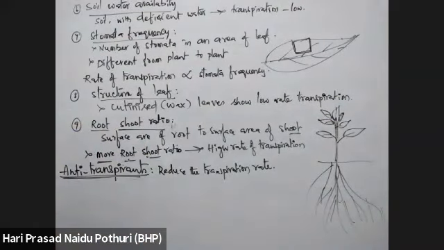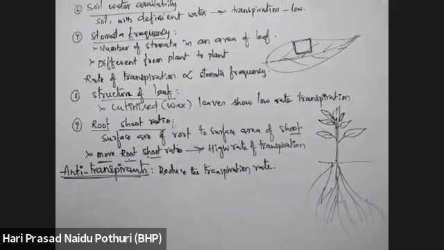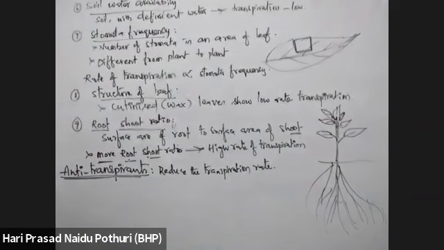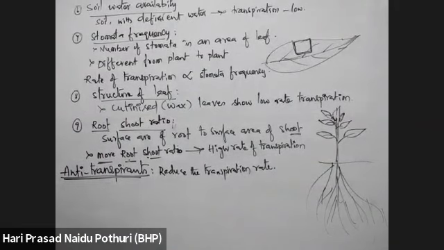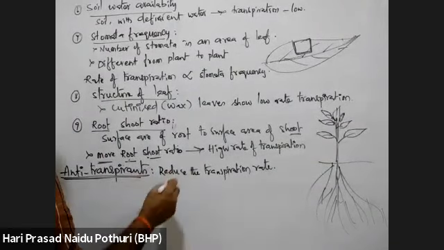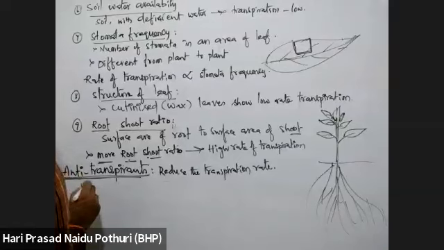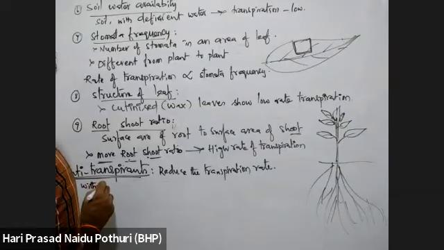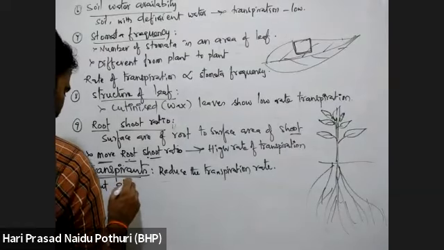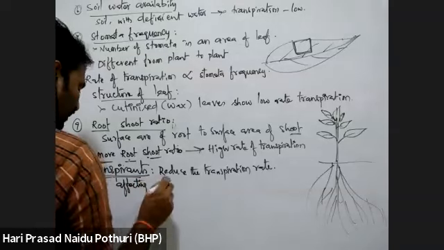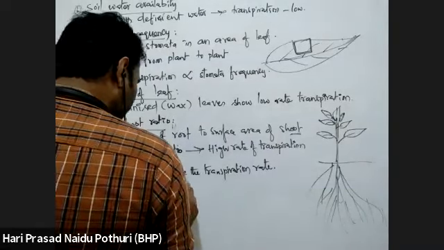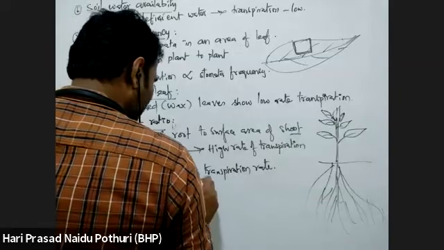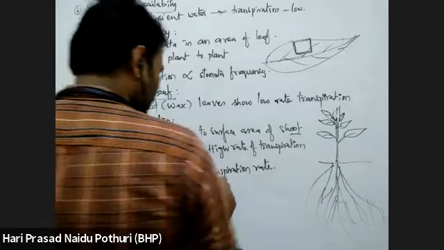These are applied to plants to reduce the rate of transpiration without affecting photosynthesis, growth or other processes. The rate of photosynthesis will not be affected, so they are helpful.